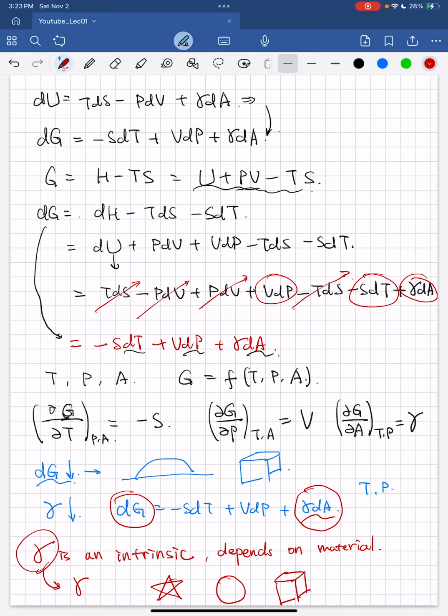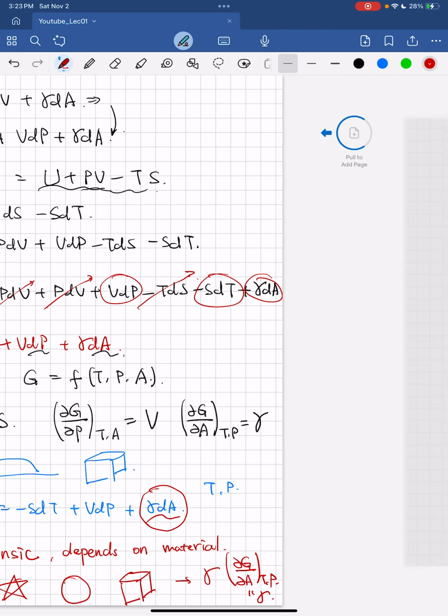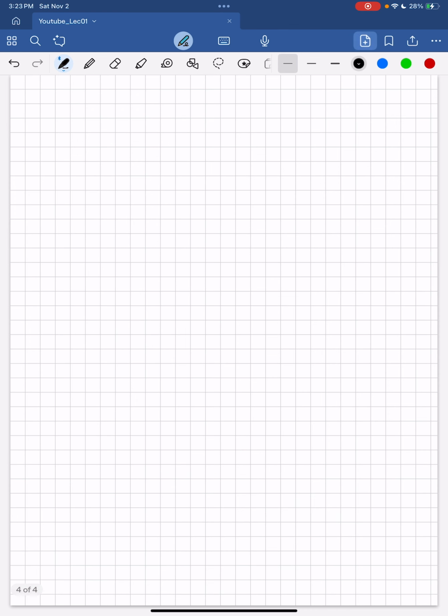It is the same gamma at constant T and P because we just derived that ∂G/∂A at constant T, P is equal to gamma. So we want to minimize area in order to decrease Gibbs free energy and reach equilibrium.